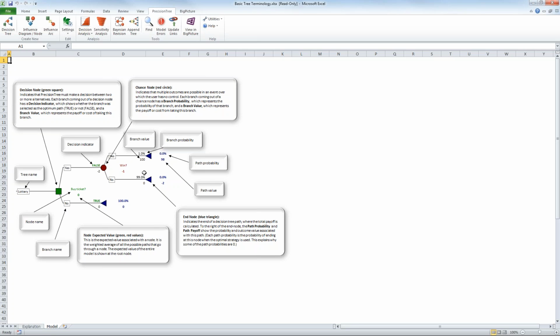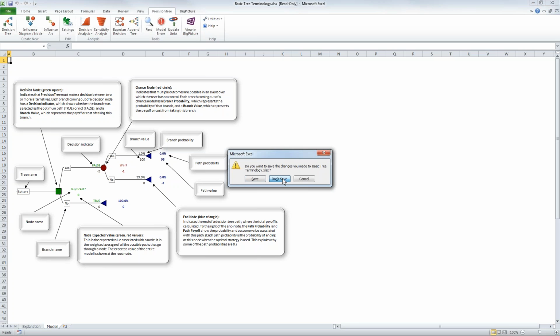The probabilities are there because this is a chance node, and this chance node is something that's out of our control, so we have to give probabilities. Then we have our path probability, which is shown at the right end in the path value. So let's go take a look at that oil one again. I'll close that out. I just want to show you where to find those descriptions.